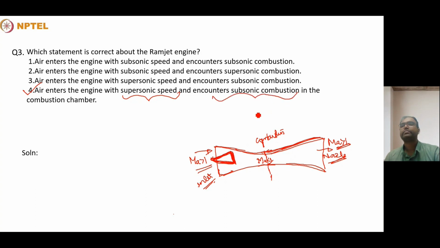And again, the velocity increases. The diverging part will be acting as a nozzle for the supersonic air which is coming out of the combustion. So here the Mach number will be greater than 1, and this will be acting as a nozzle. So the answer is air enters the engine with a supersonic speed and encounters subsonic combustion in the combustion chamber.